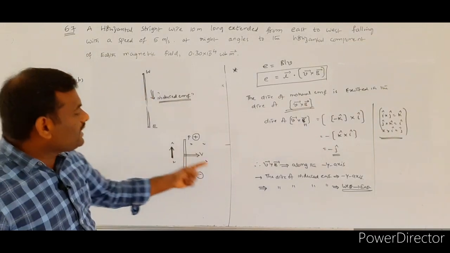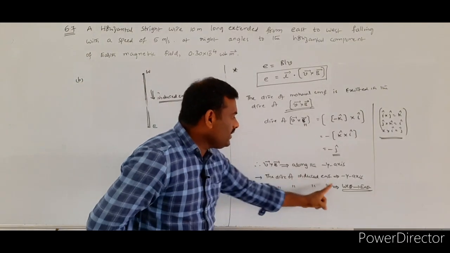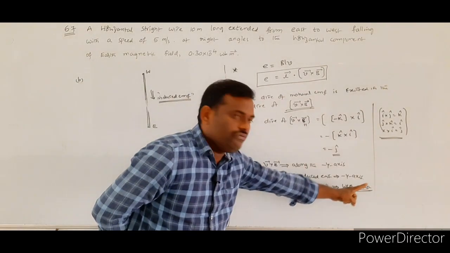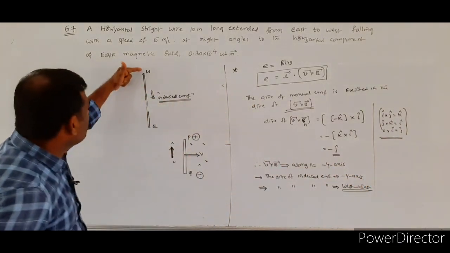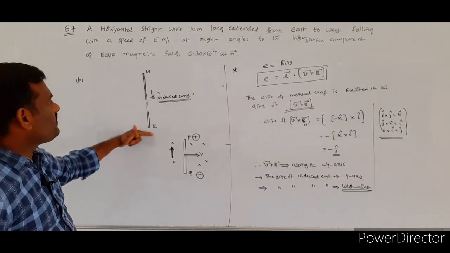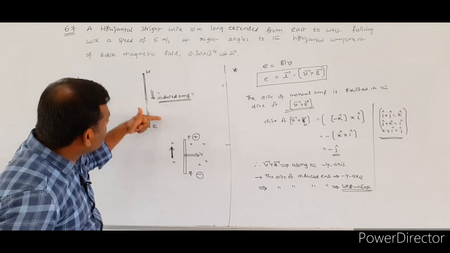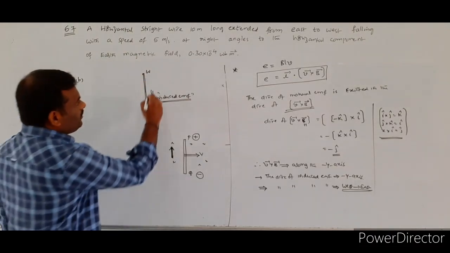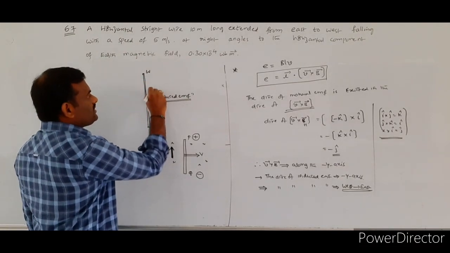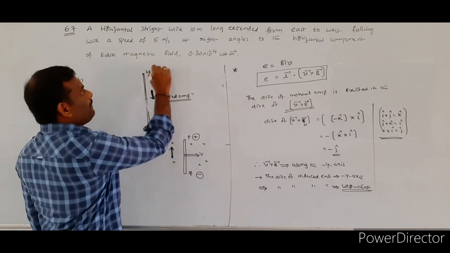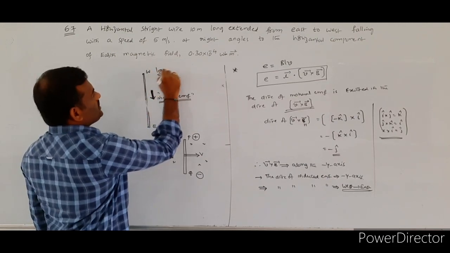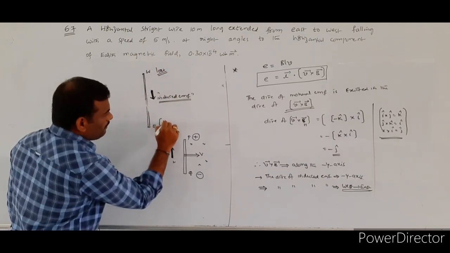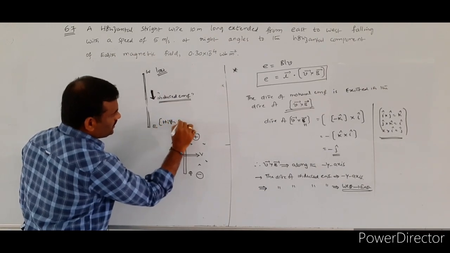So according to our given problem, the direction of the induced EMF is from where to where? West to east. So this is the west, this is the east. West to east means the west will be maintained at low potential and the east will be maintained at high potential.